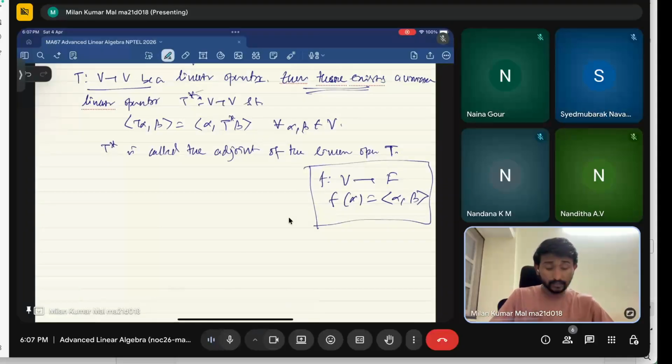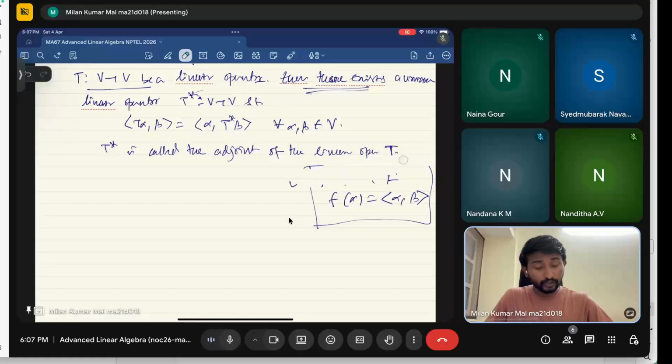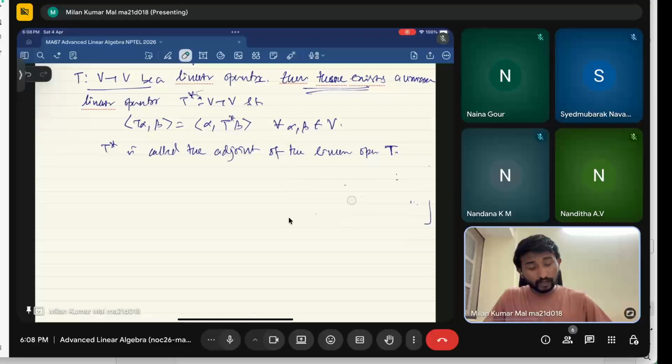I think this was discussed in class. If you want me to prove this, I can ask. Otherwise I'm not going into that. So this is the existence of an adjoint of a linear operator.